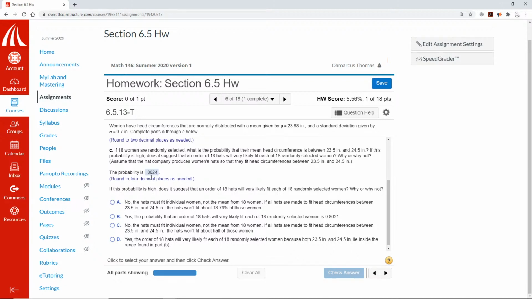Well, there's an 86% chance that it will, but there is a 13.79% chance that it will not fit. So A, you can't really refute A. I mean, what they're saying in A is actually pretty accurate.